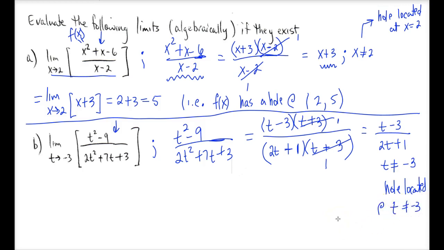And so now when we evaluate the limit, we're actually just going to find out what the y coordinate is for that hole. So coming back here, the limit of this function as t approaches negative 3 from both the left and the right is just like saying the limit of this function.